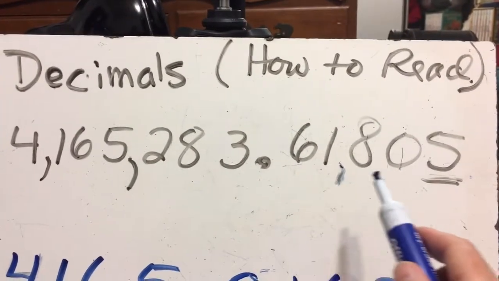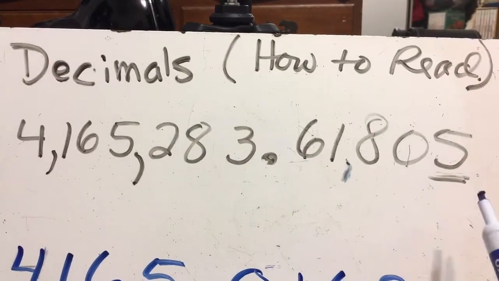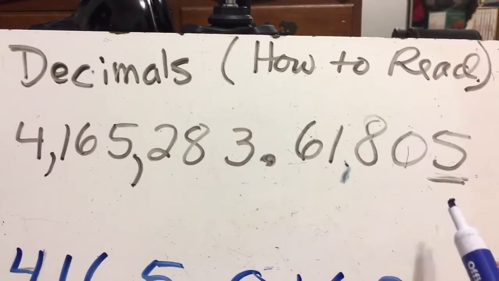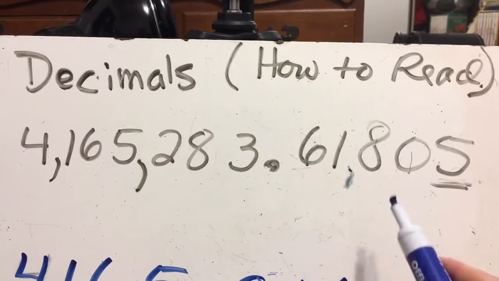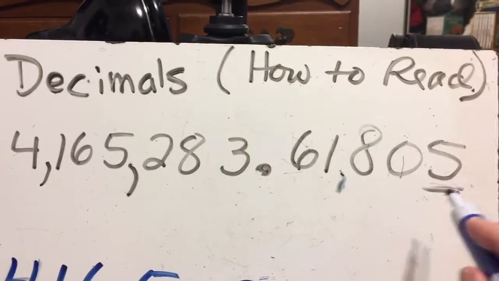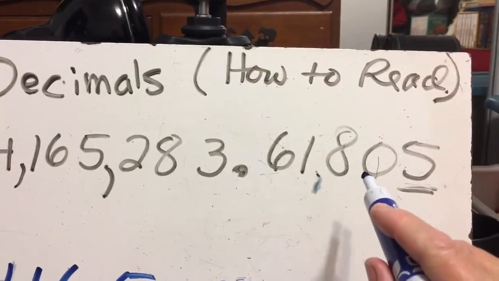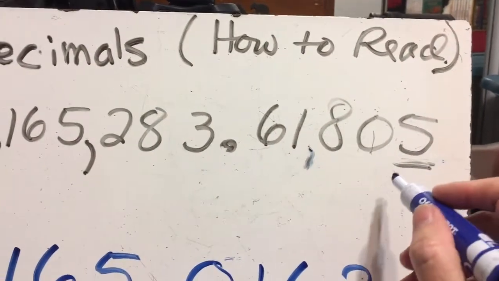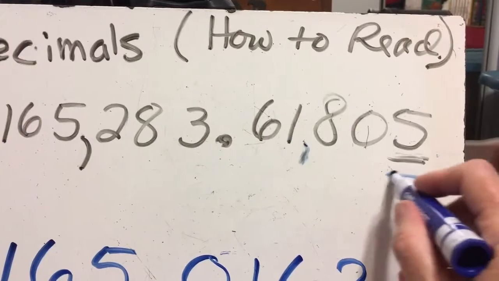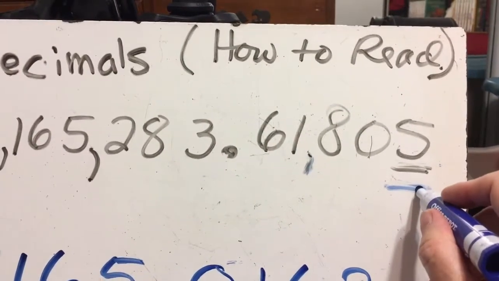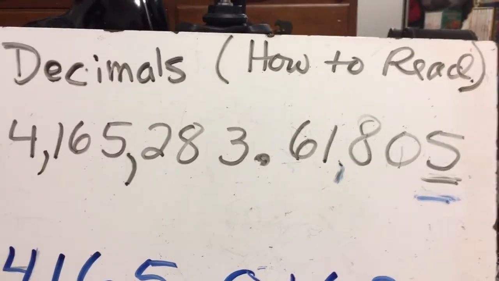We don't leave commas on this side of the number. This is just an aid to help you read the number. So because we put a comma there, it would be 61,805, and then we call out the name of this place, which was the 100,000ths place.